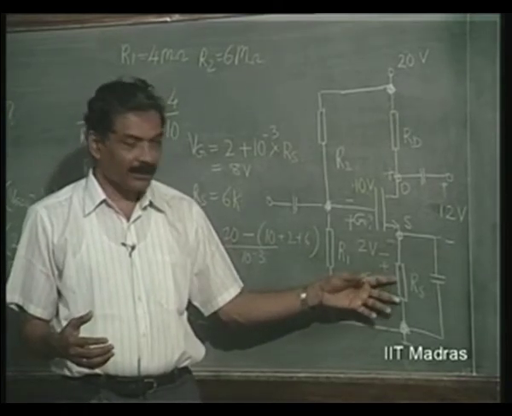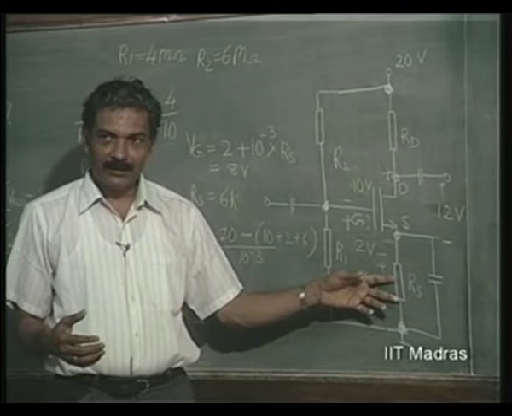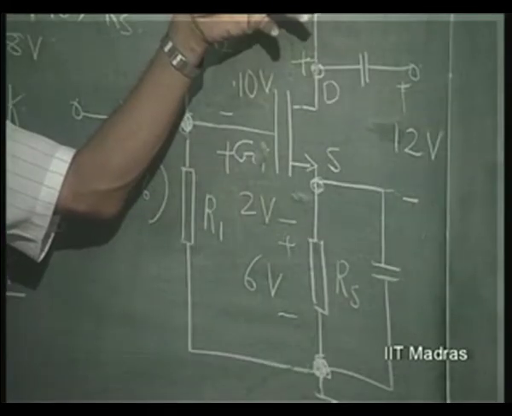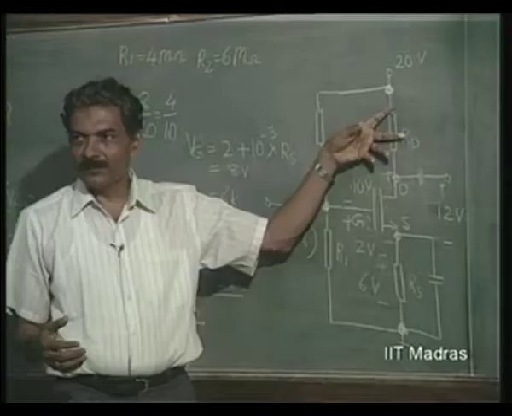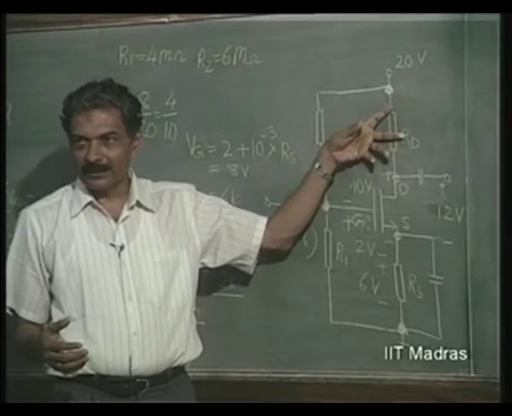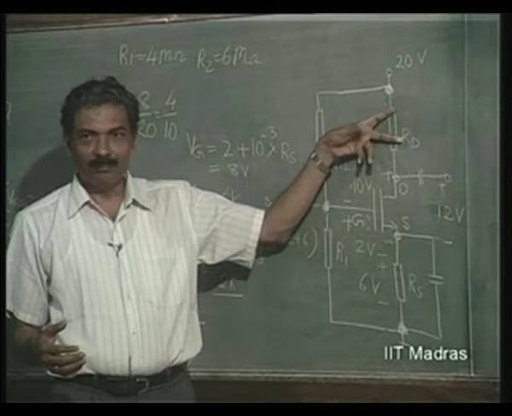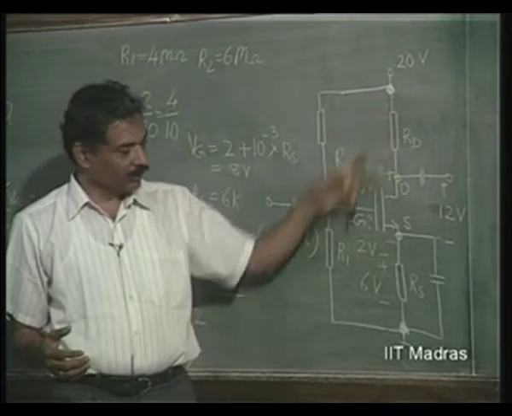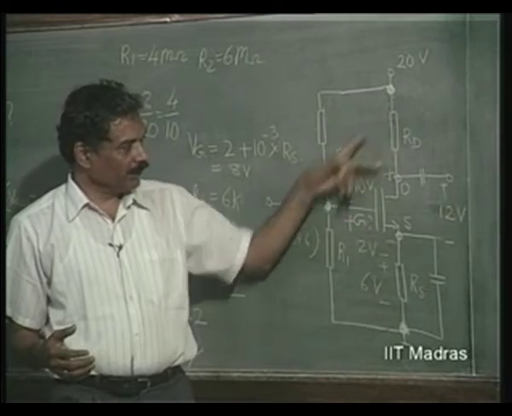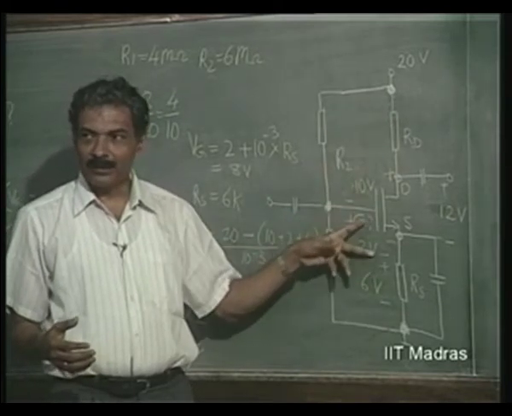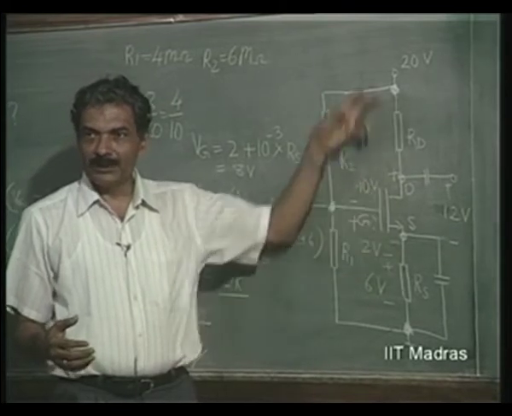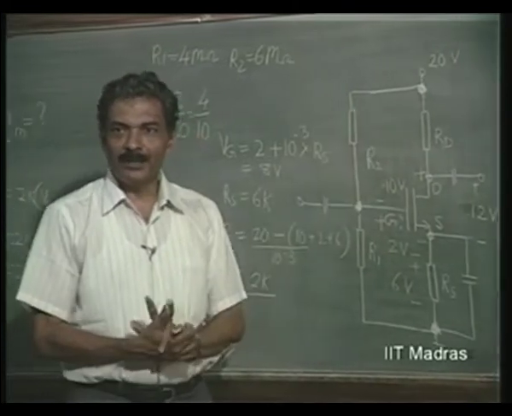So, if you have taken RS itself as, let us say 20 kilo ohm, right, we would definitely select this also of the order of, let us say 20 kilo ohm. So, 20 kilo ohm means further 20 volts drop. So, 20 plus 12, 40, 52. So, VDD would have been 52.